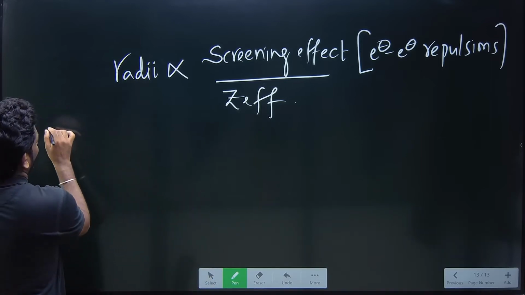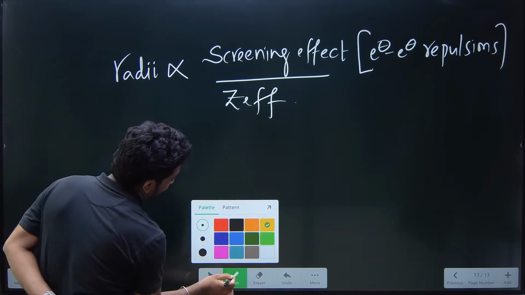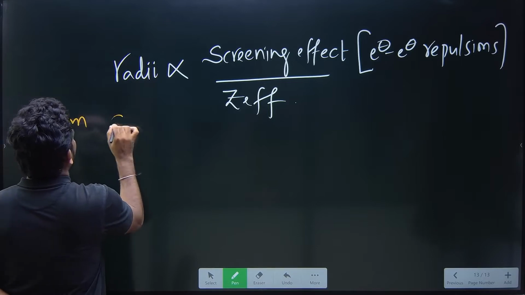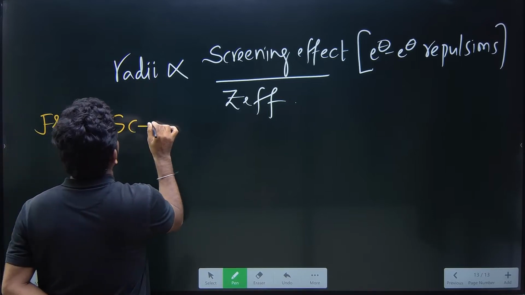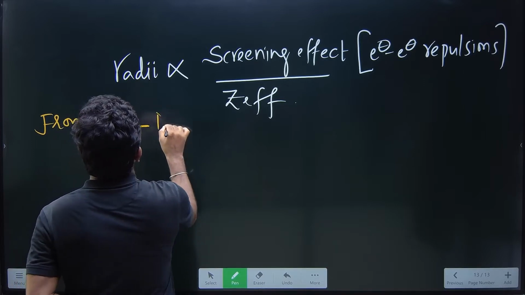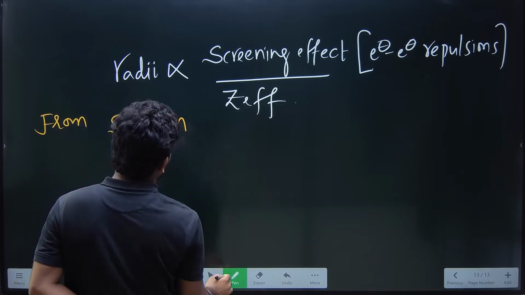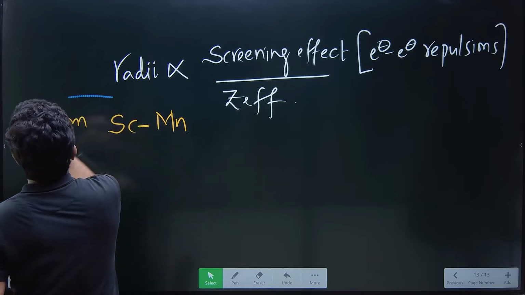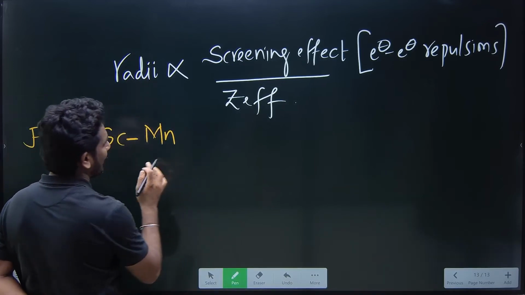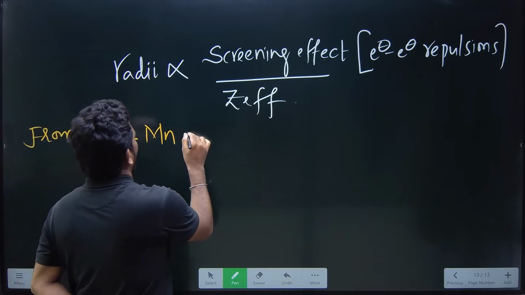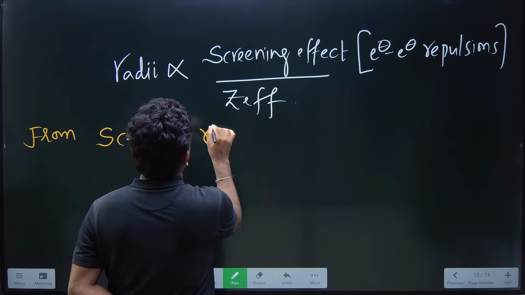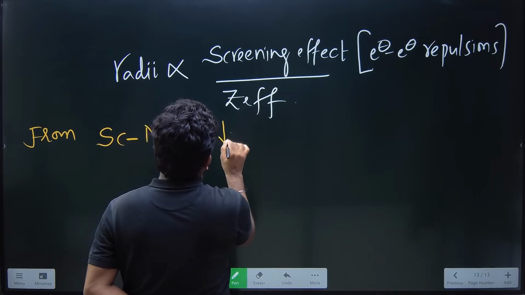ठीक है, so देखो अभी from scandium to manganese, from scandium to manganese, radii decreases.